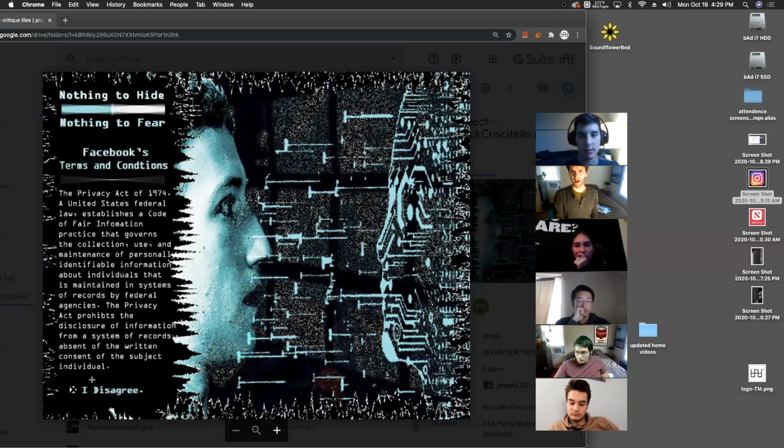Or sorry, I agree is automatically selected and then you can't click on the I disagree. Sometimes that could be illustrated through a circle with a line through it, like your cursor's there, but you can't click on it. Maybe, because that's kind of what you're saying, you don't really have the choice.